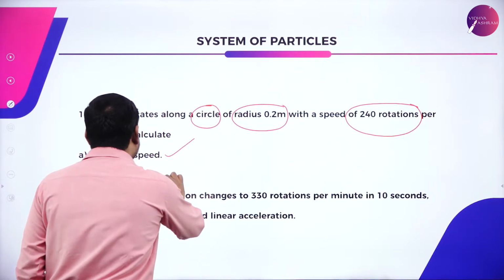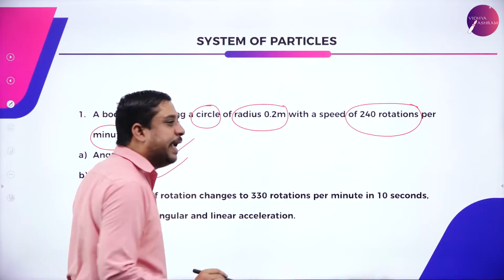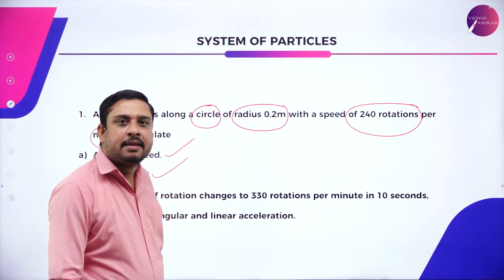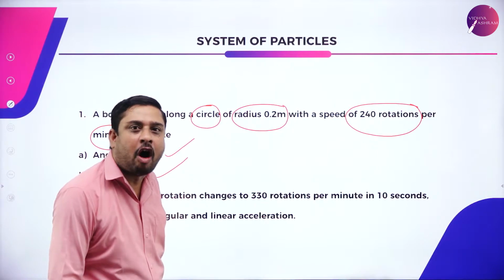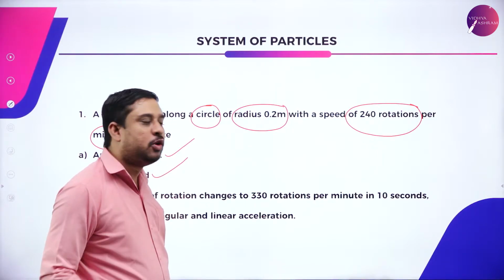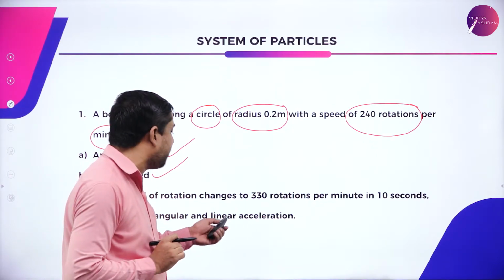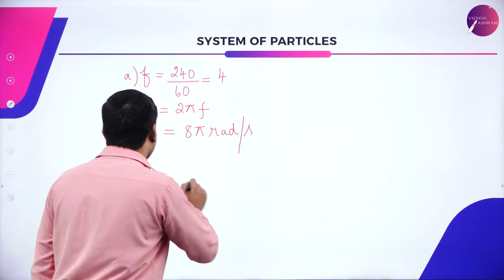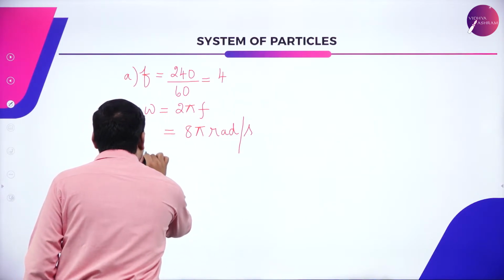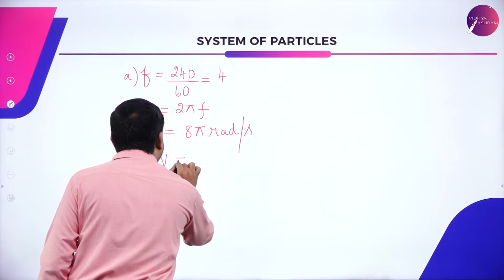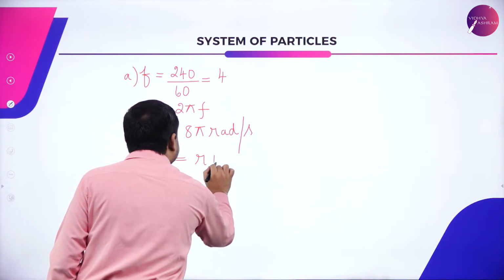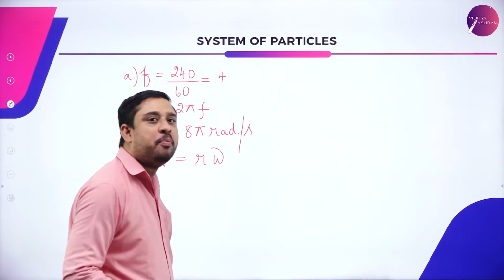Second, linear speed. The second part of the problem is to calculate the linear speed. We know linear speed v is r times omega.